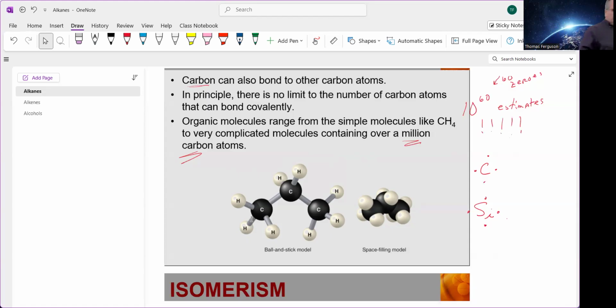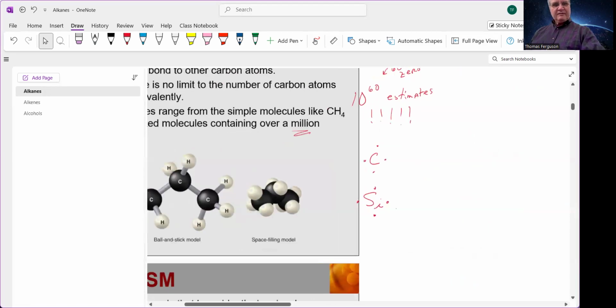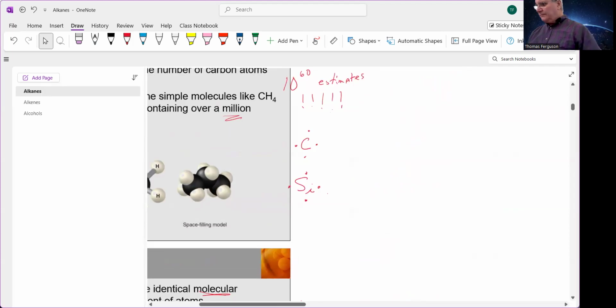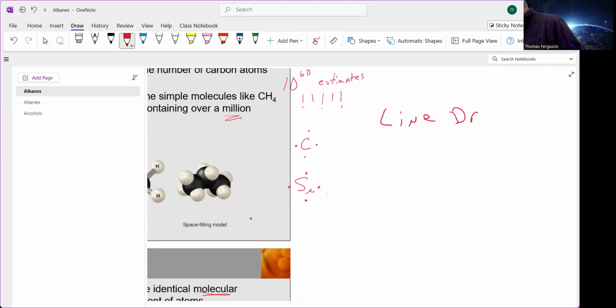Now, in this class, we are not going to be using these type of designations. We're going to be doing a line drawing. Line drawings are three parts: beginning, end, and a kink.